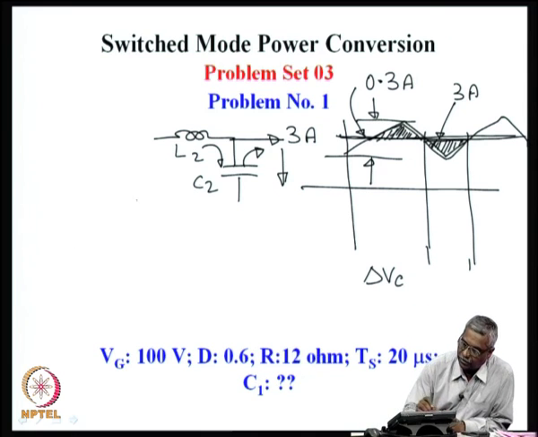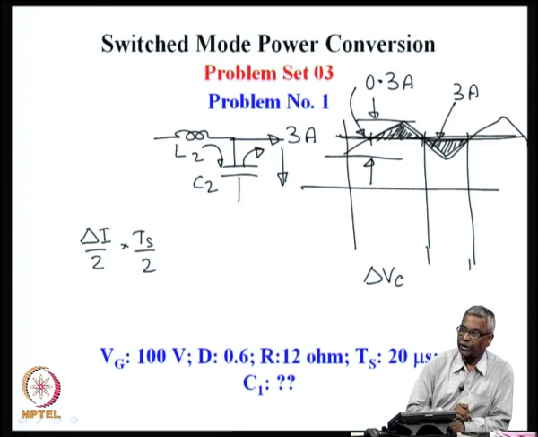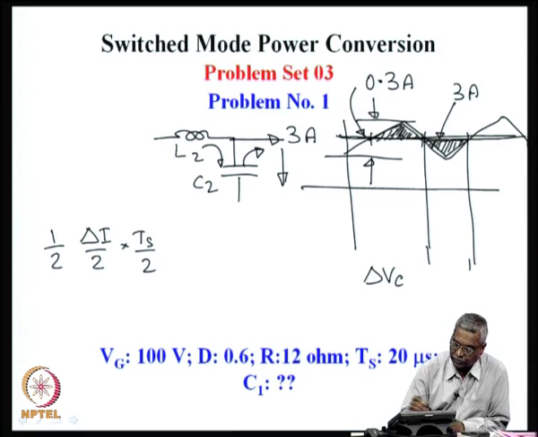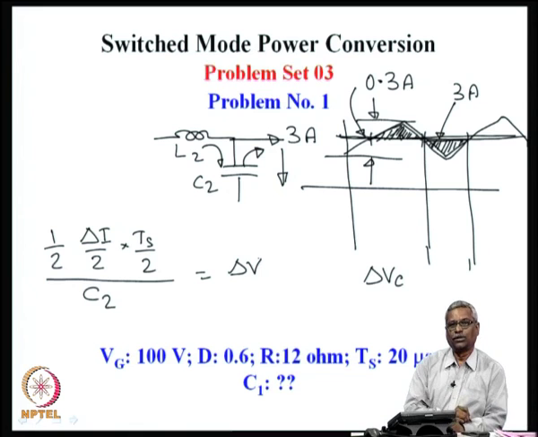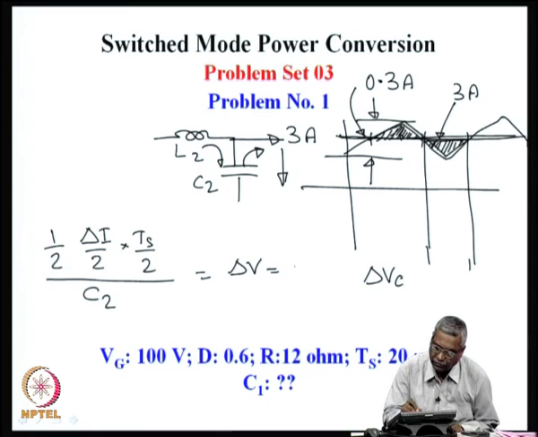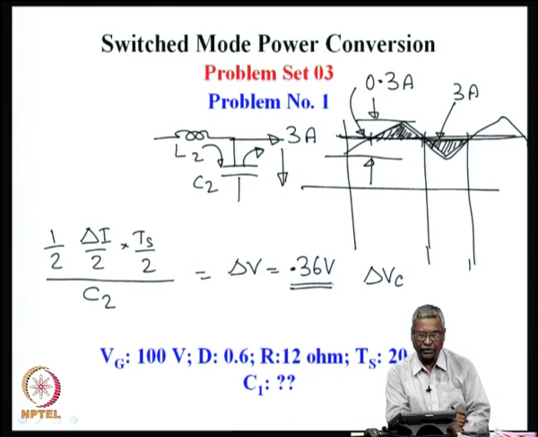And if we find out the charge into the capacitor, which is nothing but delta I by 2, which is the height of this triangle, into Ts by 2, which is the base of this triangle, into 1 by 2, this is the total quantity of charge, that divided by C2 is delta V. So, I might put a condition that delta V is 1% of the output voltage, which is 0.36 volts. Output voltage is 36 volts, 1% of that 36 volts is 0.36 volts.